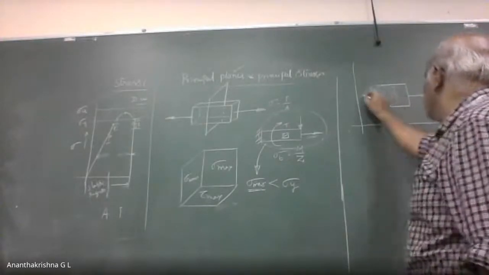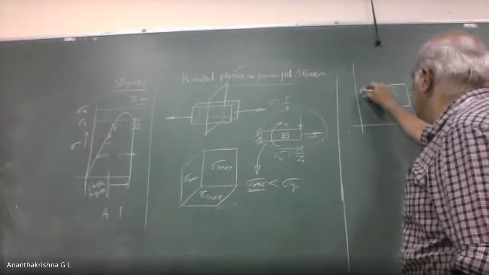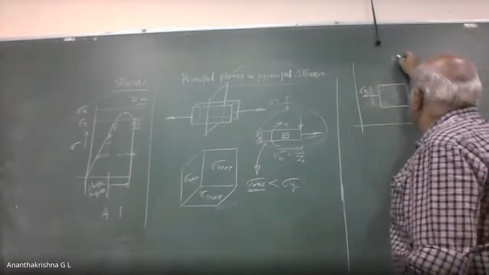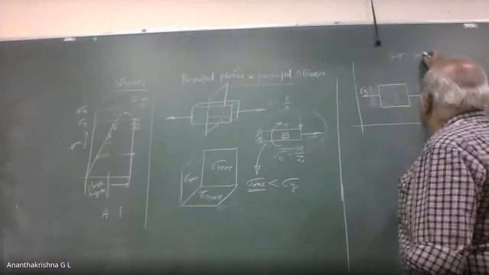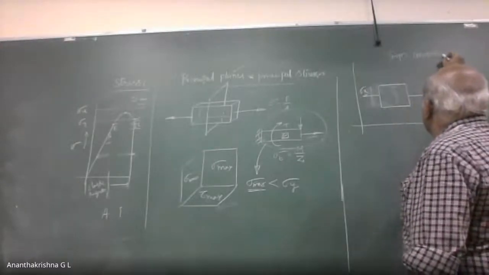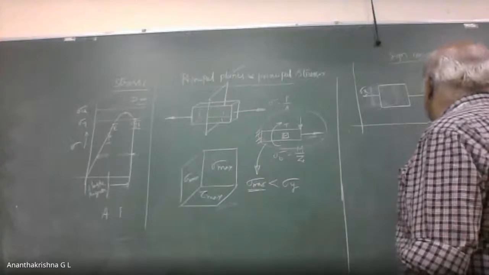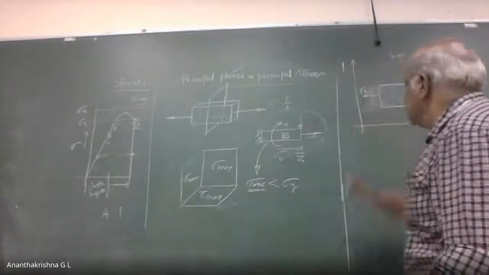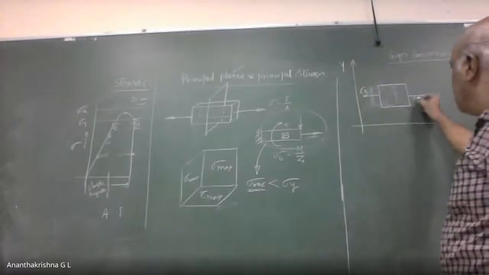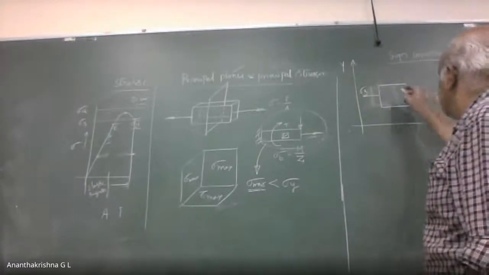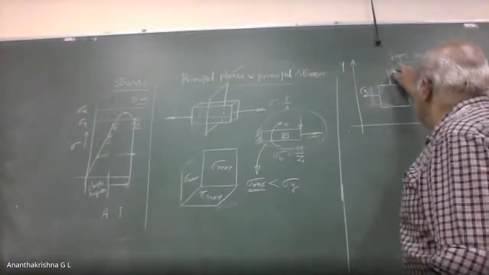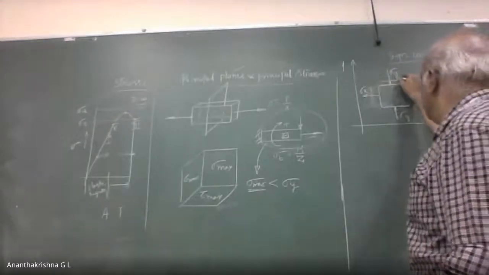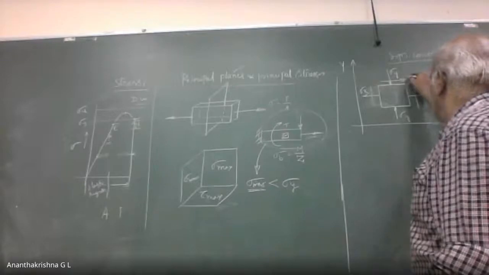This is sigma x along the x-axis. We are learning about sign convention before we get into finding out principal planes and principal stresses. This is the x-axis, this is the y-axis. So load along the x-axis is sigma x, this is sigma y, this is tau xy.